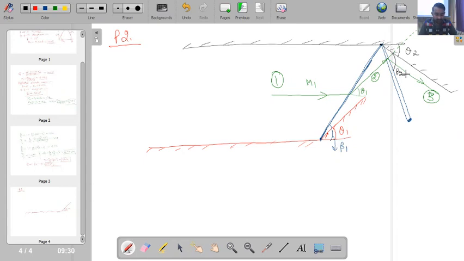Is this point clear? And what about this angle, in between the direction of the streamline and this deflection?